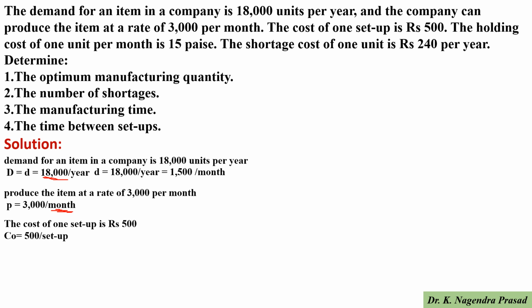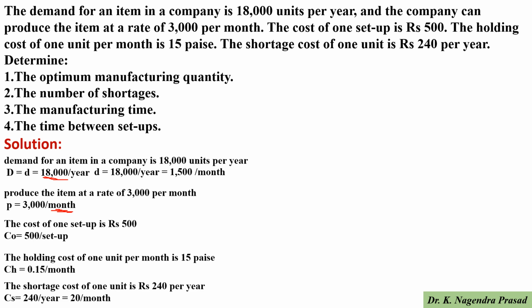So the setup cost or ordering cost C0 is equal to 500 rupees per setup. Also given the holding cost of 1 unit per month is 15 paise. So CH, the holding cost, is equal to 15 paise, which means 0.15 rupees per month.